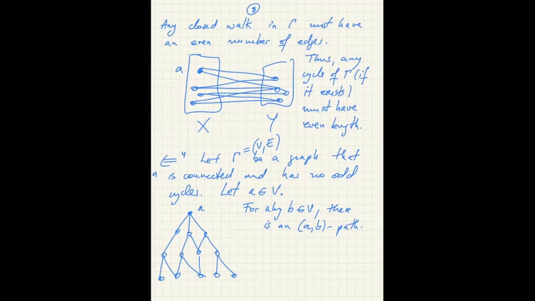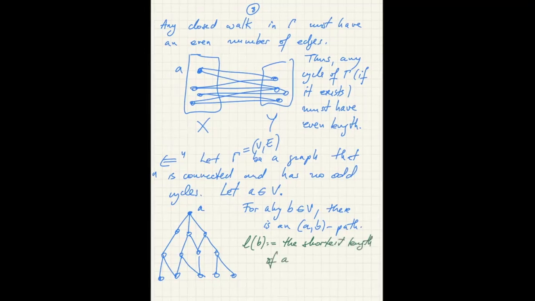And so we can define, let's call it L of B. L of B is the shortest length of an A-B path.